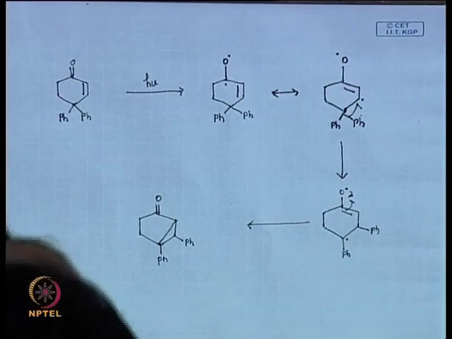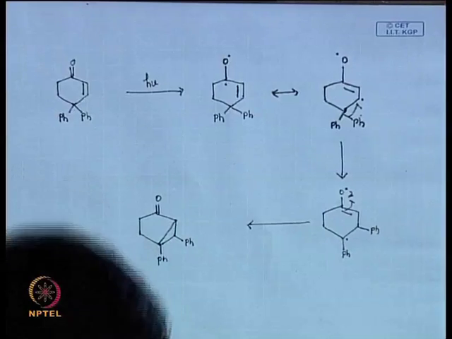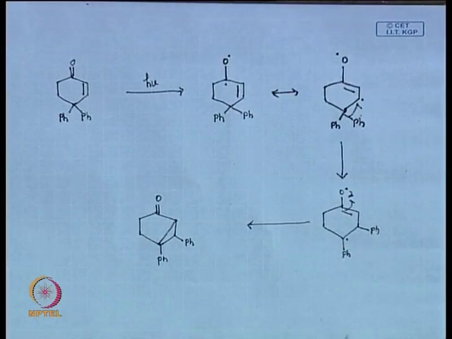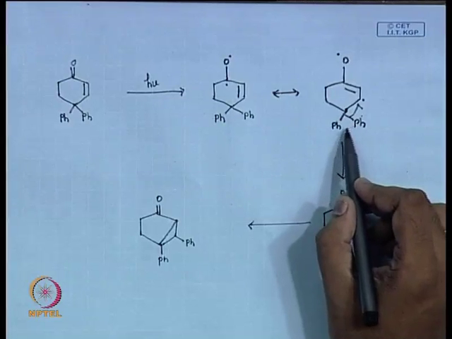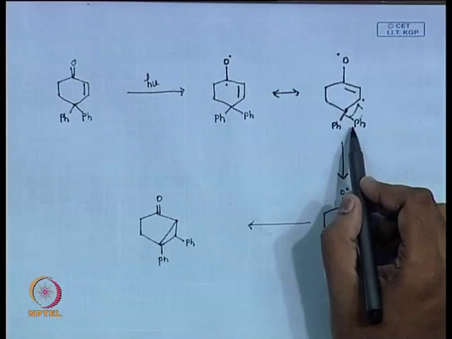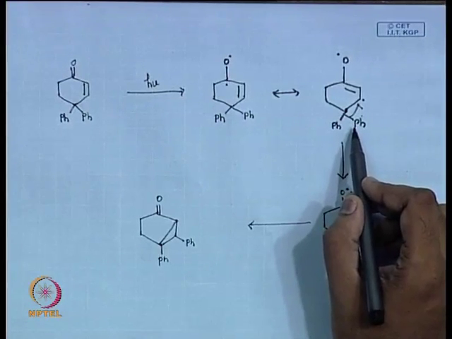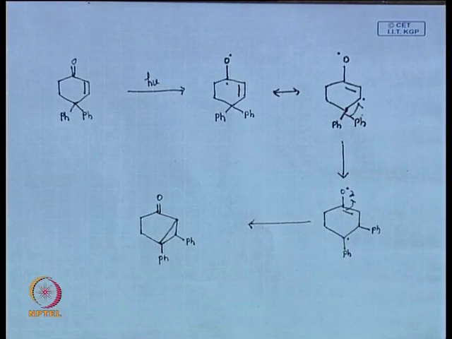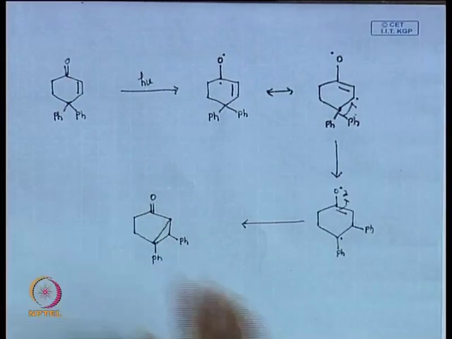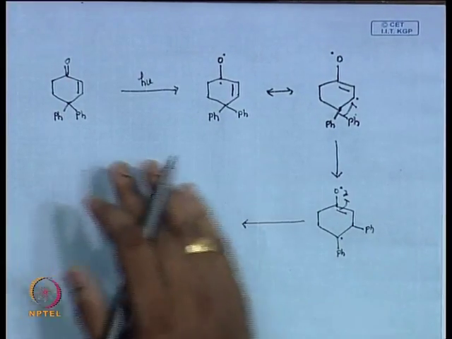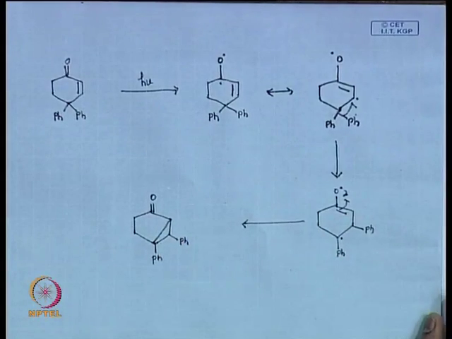Yeah, this is the rearranged one. If it is a methyl system, yes, you will get it, but in the case of phenyl, they are very good at doing the 1,2 phenyl shift. This you get in any photochemistry book, you can see this reaction.